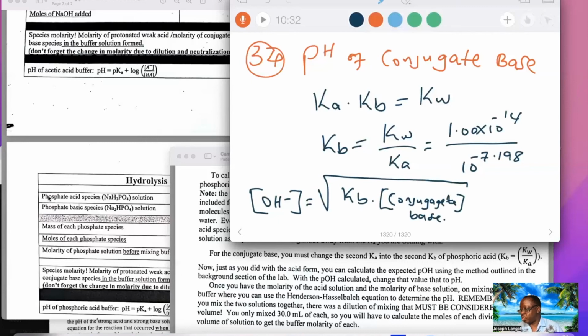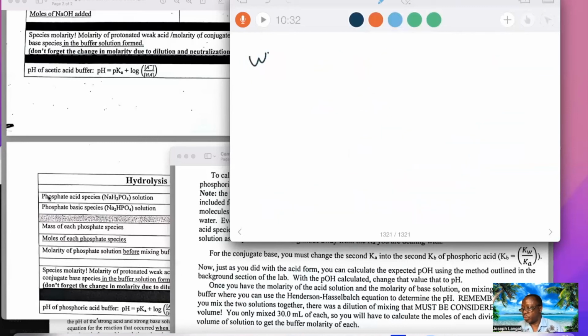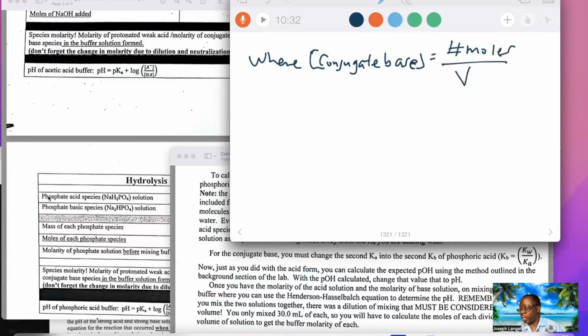How do we get the concentration? The concentration is given by the number of moles over volume in liters.